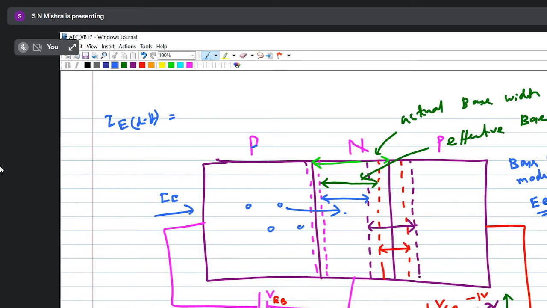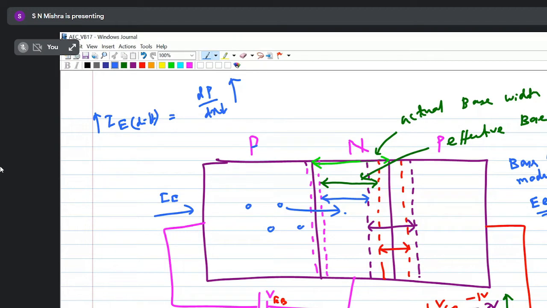This diffusion current depends upon the concentration gradient, that is dP by dx. If this distance or width decreases, then obviously the concentration gradient will increase, the denominator will decrease, meaning the whole term will increase. This will increase the emitter current.